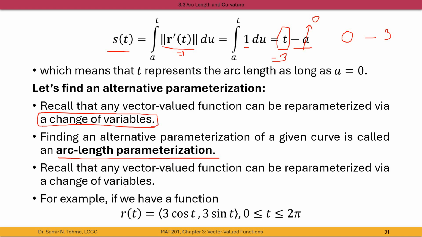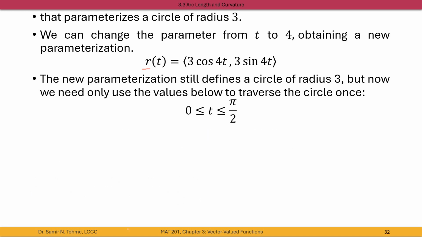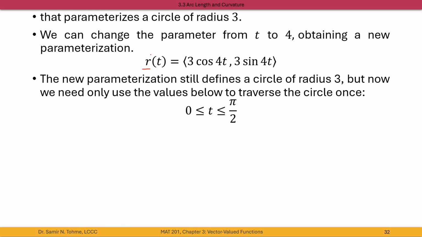Let's take an example. We have a function, and now this is not a real function, this is a vector function. Maybe there's a mistake here. We should correct this one. This is a vector function because it's written in component form, so this should have an arrow, and this one as well.